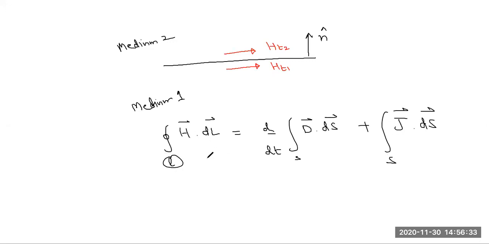If you remember, this is Ampere's law, but the first term was added by Maxwell. So this is the equation that is going to help us relate HT1 and HT2.